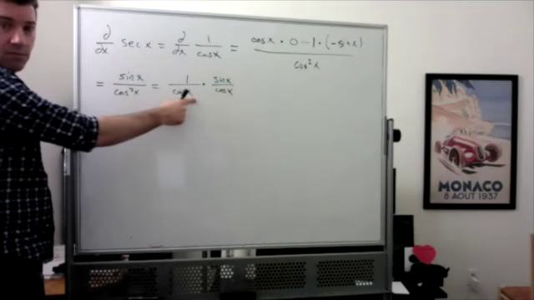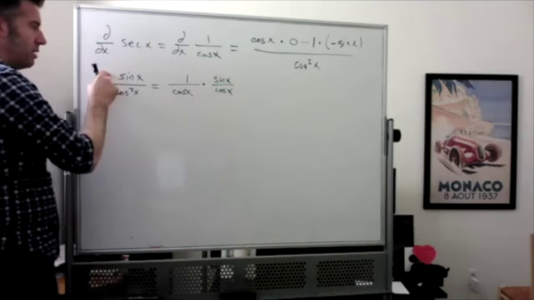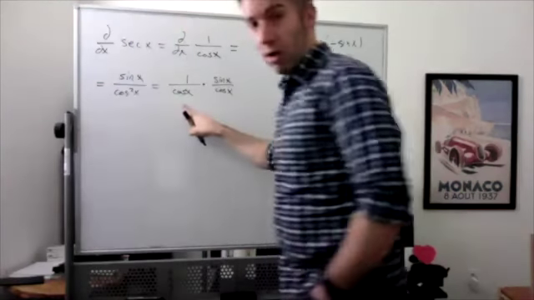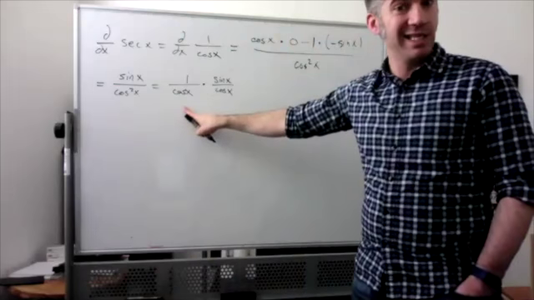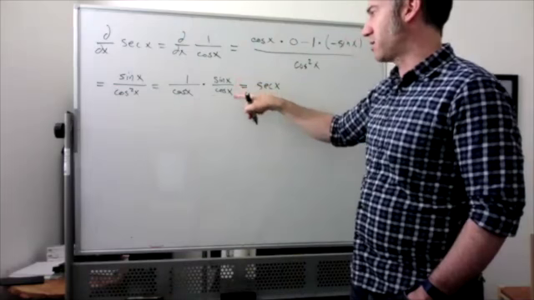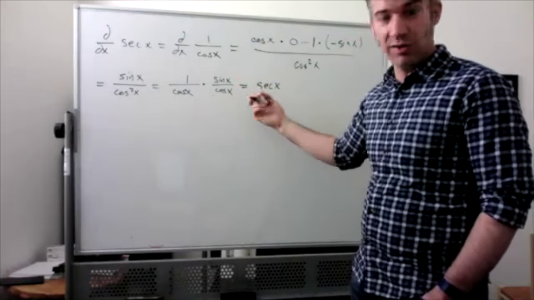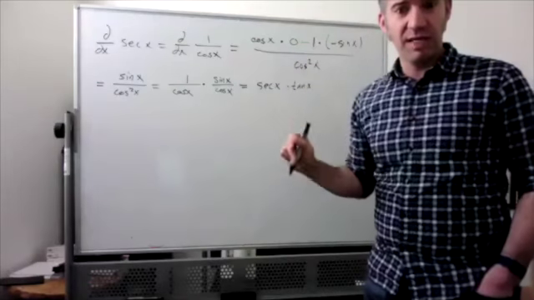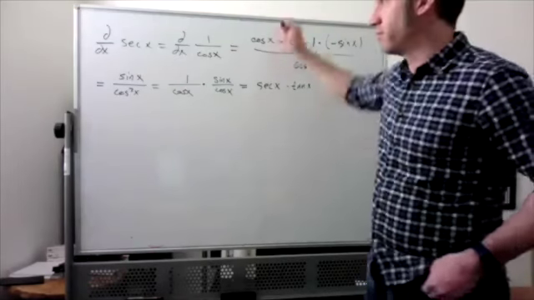These are still the same, right? 1 times sine is sine. Cosine times cosine is cosine squared. But then 1 over cosine is another name for secant of x, and sine x over cosine x is another name for tangent of x. So the derivative of secant of x is secant x tangent x.